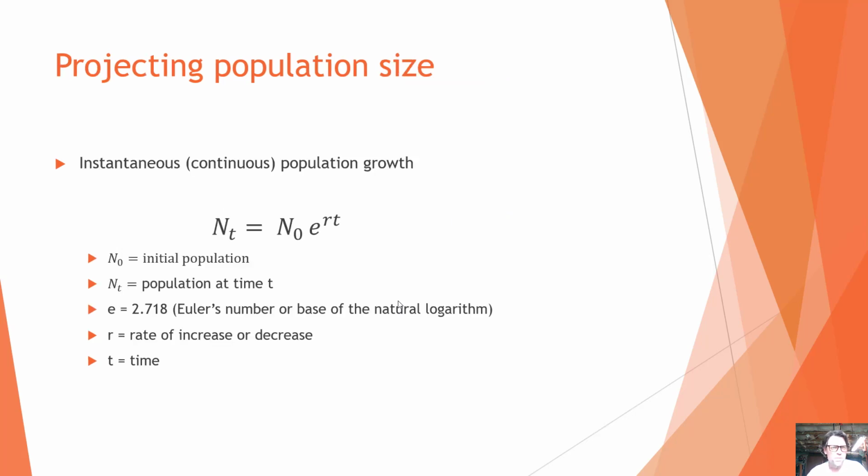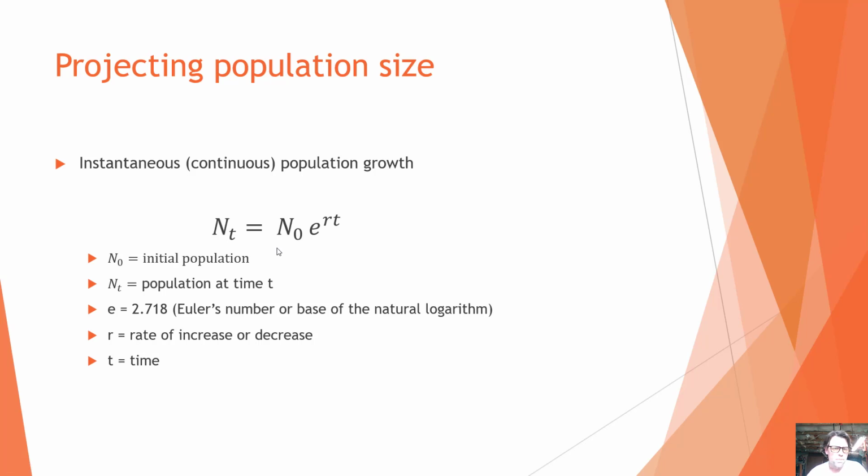So moving on to projecting population sizes, we're going to take a look first at instantaneous or continuous population growth. You can think about the populations growing continuously and instantaneously. This is the equation, and I know it can look a little intimidating. Don't worry so much about that.